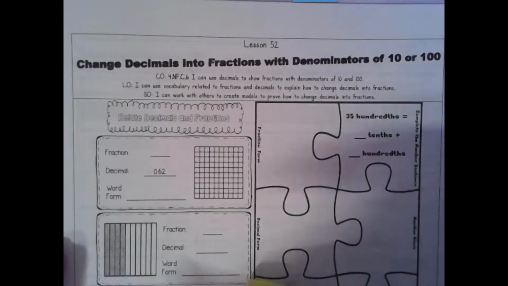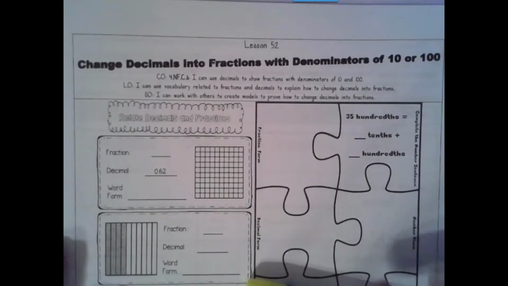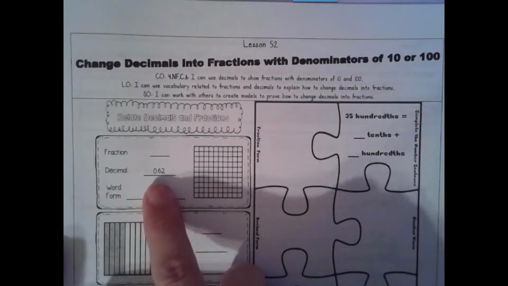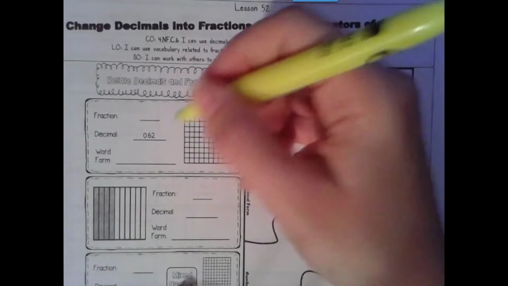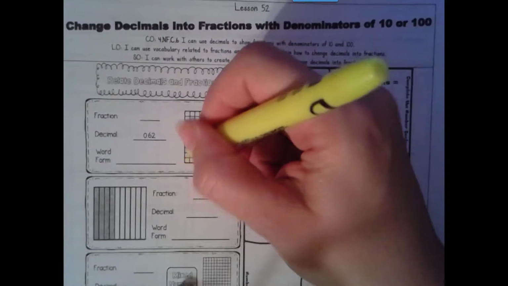Alright, so here we're going to relate decimals and fractions. So here it says 62 hundredths, so I need to fill in 62 hundredths.